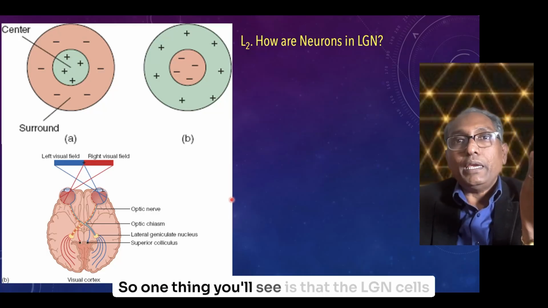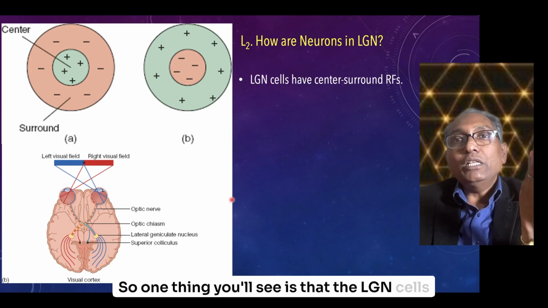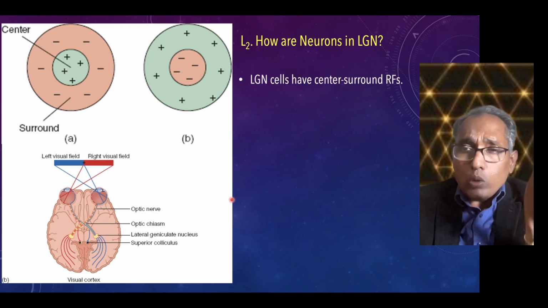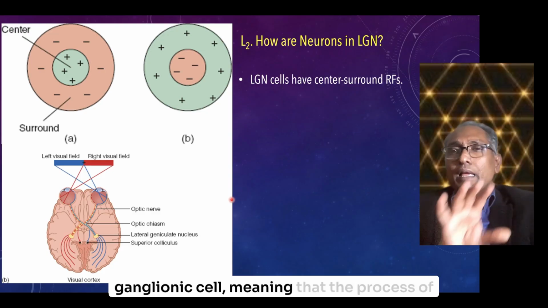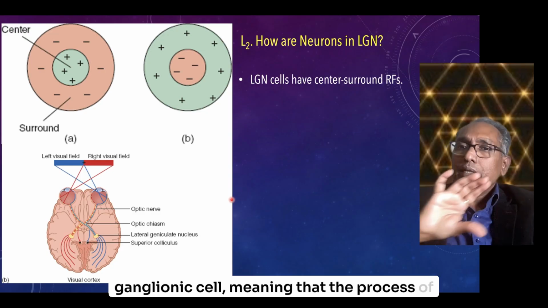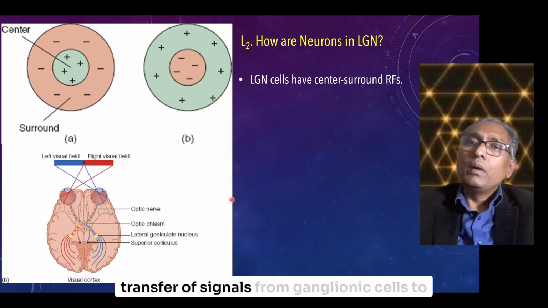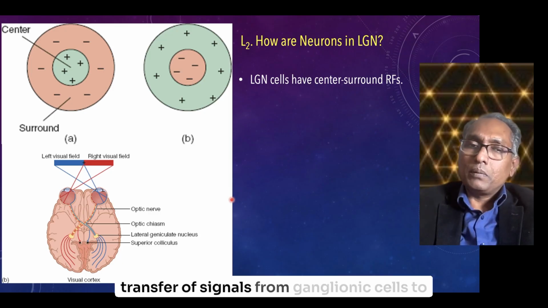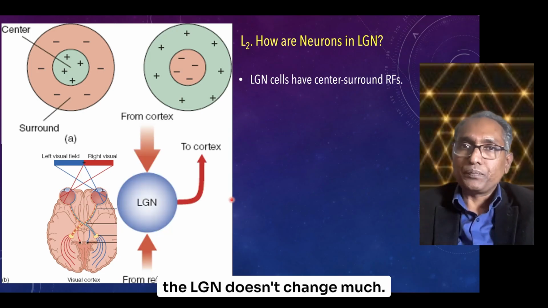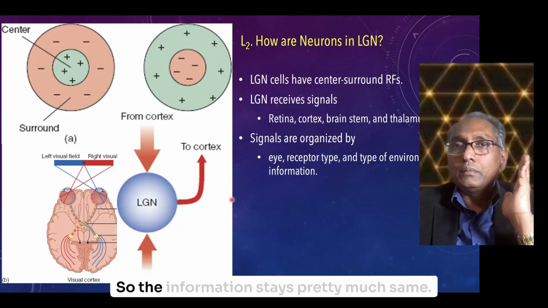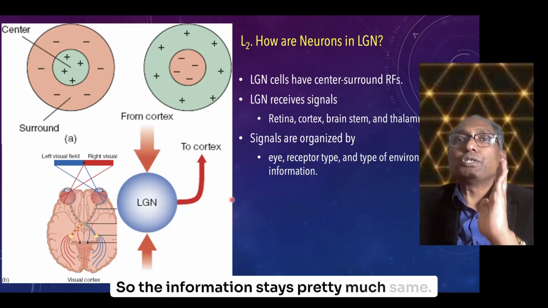So one thing you'll see is that the LGN cells also have a similar receptive field as the ganglion cell, meaning that the process of transfer of signals from ganglion cells to the LGN doesn't change much. So the information stays pretty much the same.